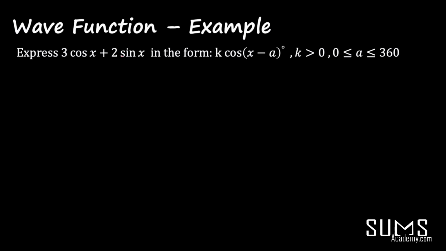Express 3 cos x plus 2 sin x in the form of k cos(x minus a). Okay, so we know what we're doing now, so we want to expand this out. It equals cos x cos alpha plus sin x sin alpha, right?